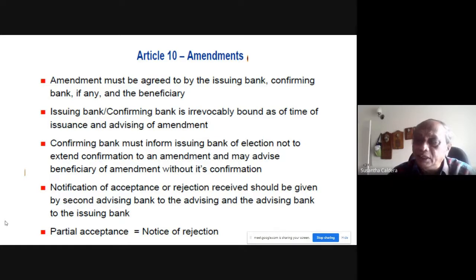On Monday you receive another amendment enhancing the LC by another $50,000. That can happen, no? And they want you to add your confirmation. Can you add the confirmation?